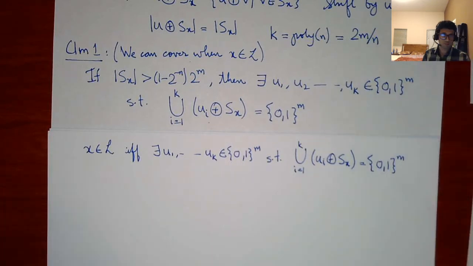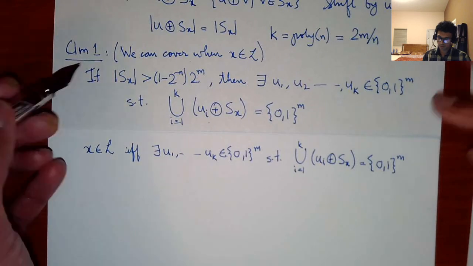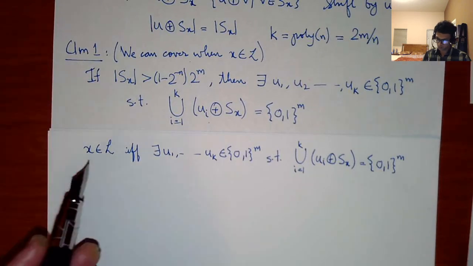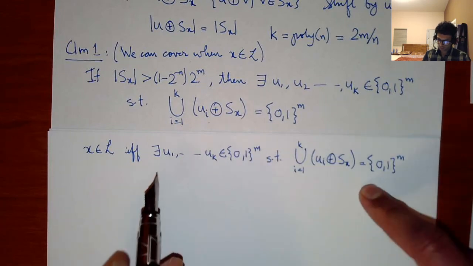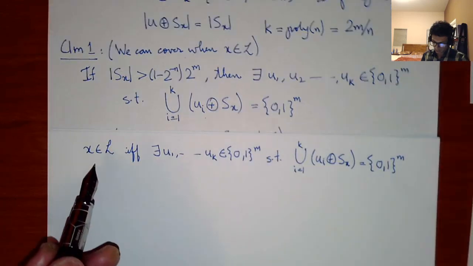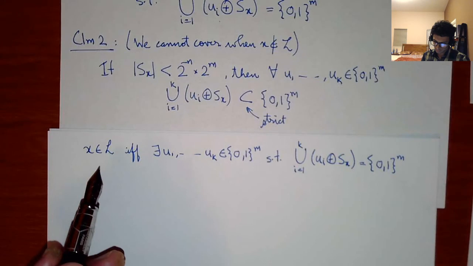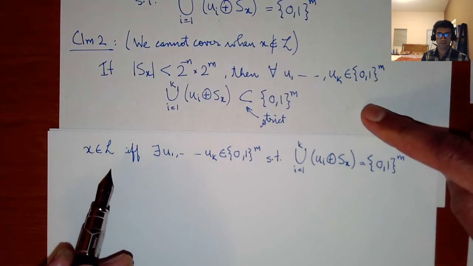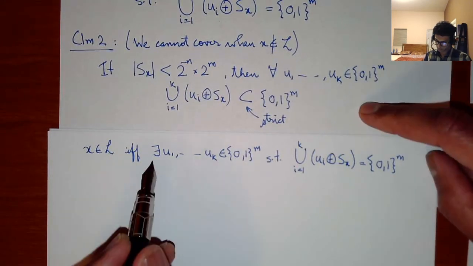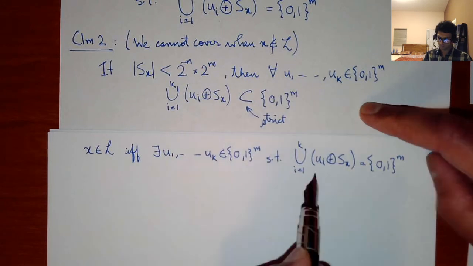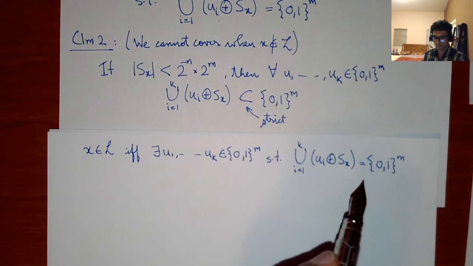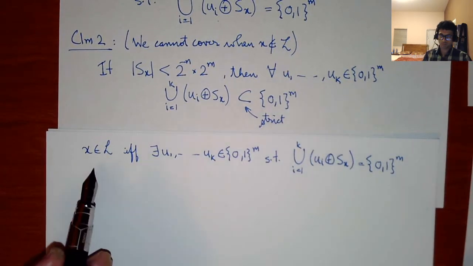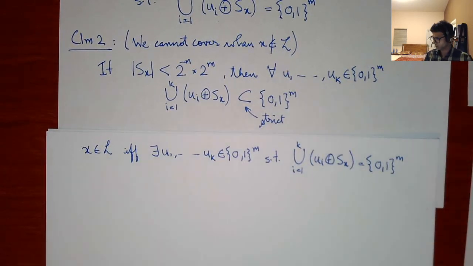Right? I'm just putting the claims together, because we know that if X is in L, this condition is true. We know that if X is not in L, then the condition is false. Because we just said then this would be a for all, and the union of shifts is a strict subset. So this is what I conclude from claims 1 and 2. Okay, clear?